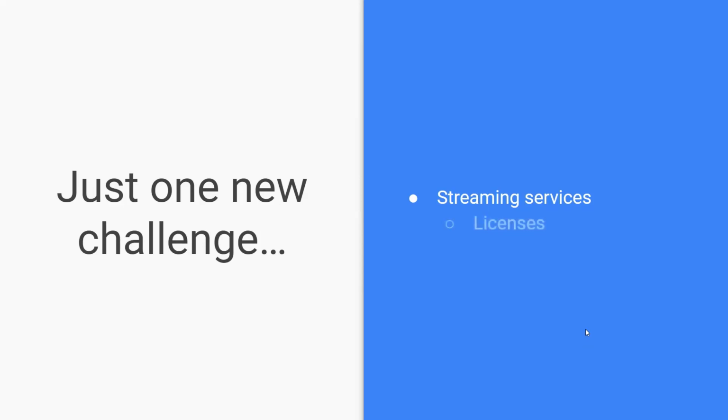The big thing I want to emphasize about streaming services is that you are bound by your license agreement. When you agree to your terms and services, whenever you purchase whatever streaming service you have, HBO Max or Netflix, you want to be aware that you are bound by that license.